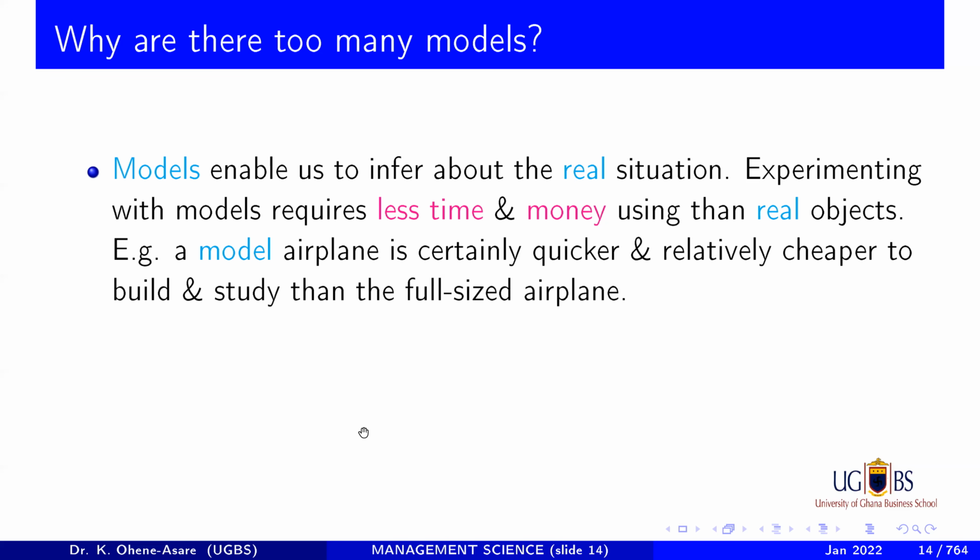For example, if you have a model of an aeroplane, you can manipulate the model to know whether it will have an accident, simulate it, bootstrap it, before you deal with a real full-sized aeroplane. But if you deal with a real full-sized aeroplane straight away, it's not going to help. So in management science, we use models or develop models or enhance models.